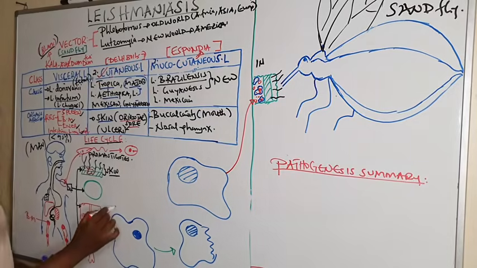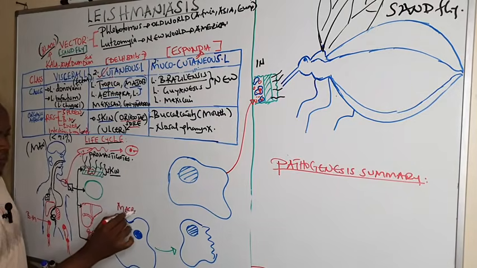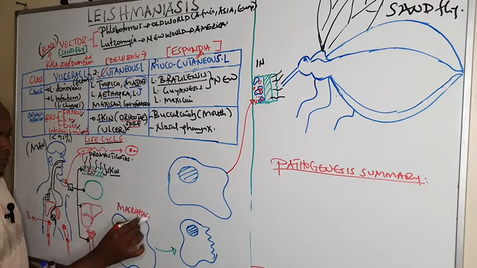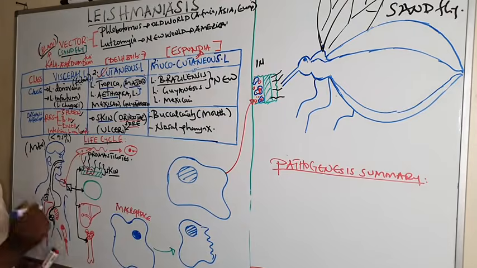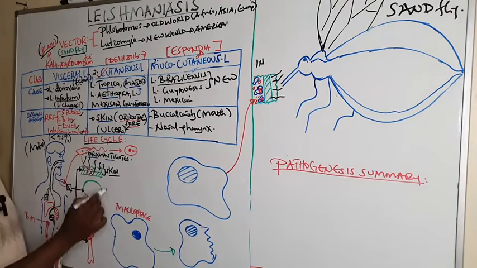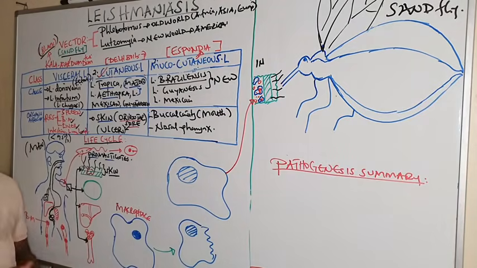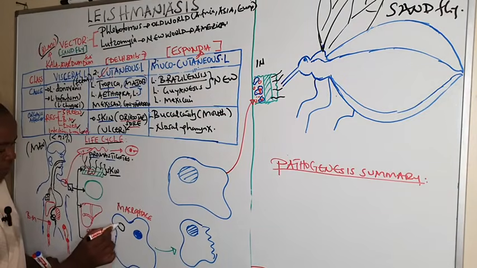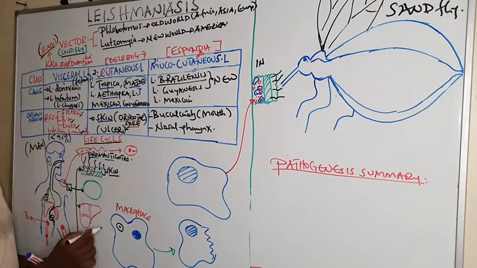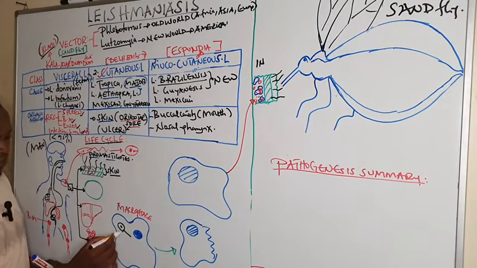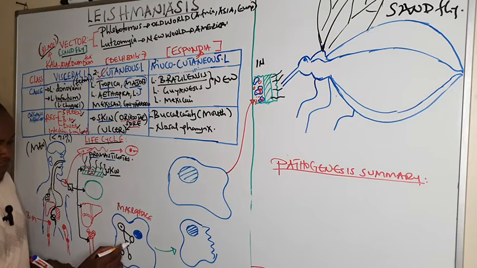So if this is the macrophage within the skin for cutaneous leishmaniasis, the metacyclic promastigotes come and metamorphose into amastigotes. This is the amastigote formed, and after forming, they undergo division by binary fission to form more amastigotes.